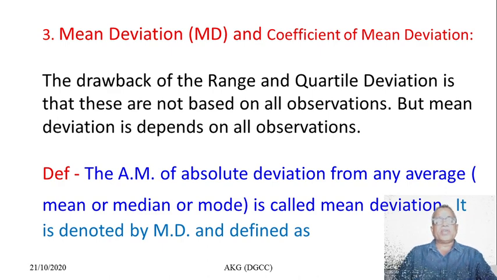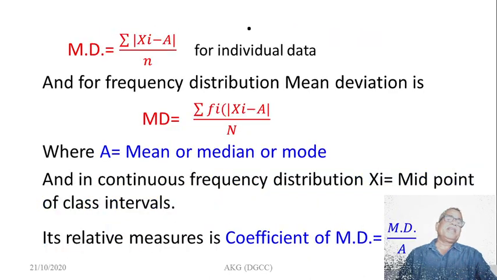It is denoted by MD and defined as mean deviation is equal to summation mod xi minus a divided by n. This is the absolute value, the modulus. This symbol is called the mod symbol. The meaning of this modulus sign is that whatever value is obtained from the subtraction xi minus a, positive or negative, we must write it as positive.